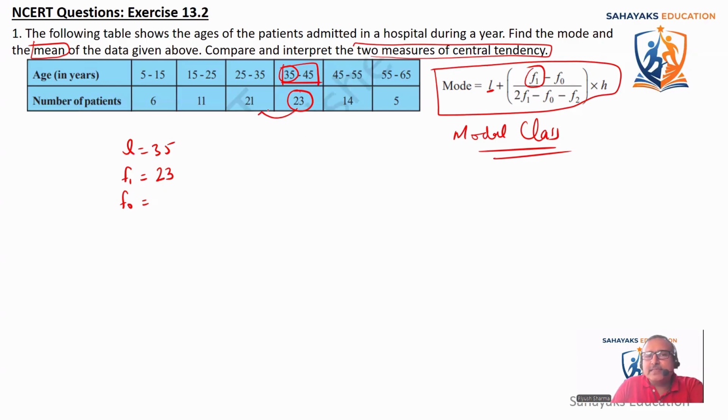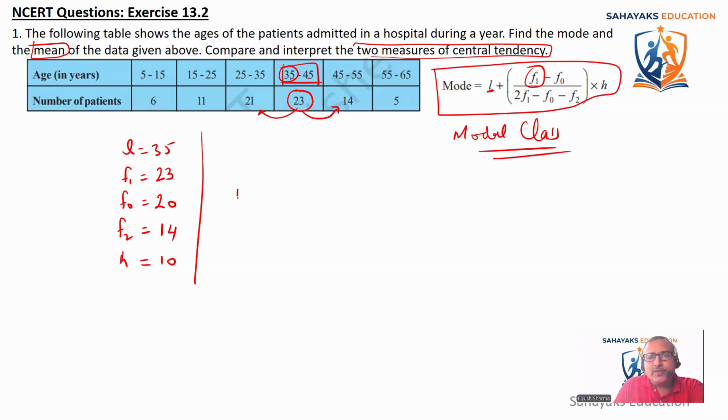So F0 comes out to be 20. Then F2 is the frequency of the next class. Next class is 14. So F2 comes out to be 14. Then we have H, the class size. 35 to 45, the class size is 10, that is 45 minus 35. Now we have all the values.